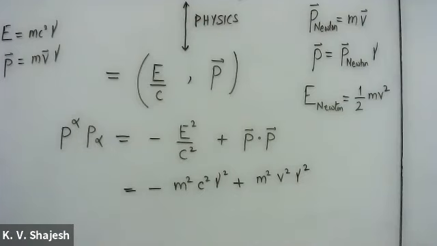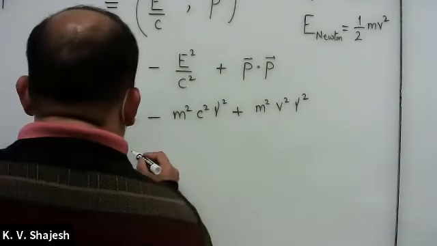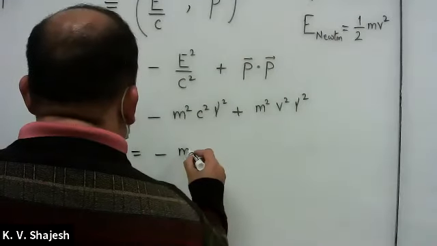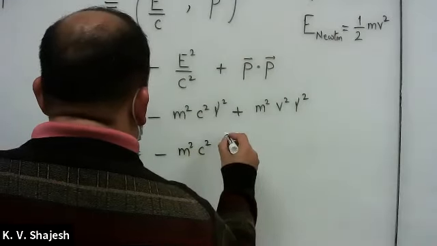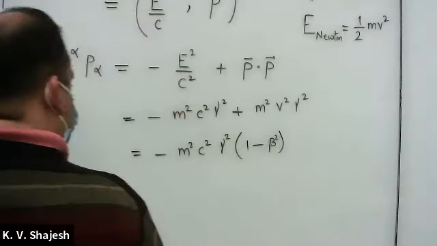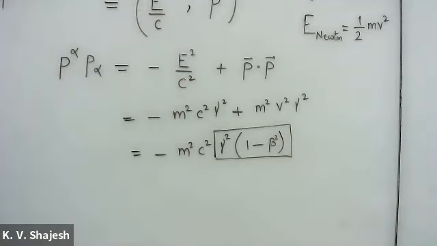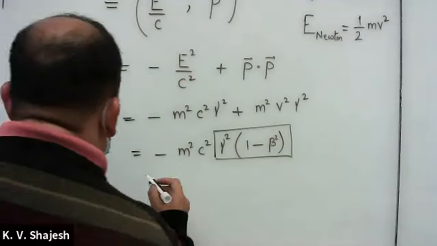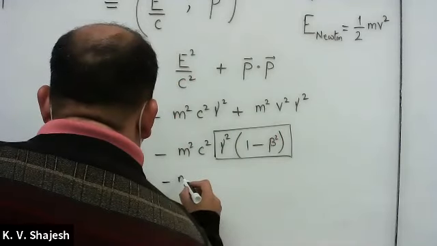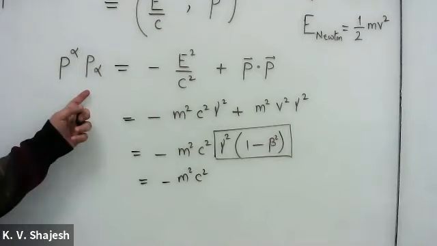What is that equal to? That's equal to minus m squared c squared gamma squared times 1 minus beta squared. Again, the same expression. We know that that's equal to 1. So that's equal to minus m squared c squared. So the invariant quantity is the mass.